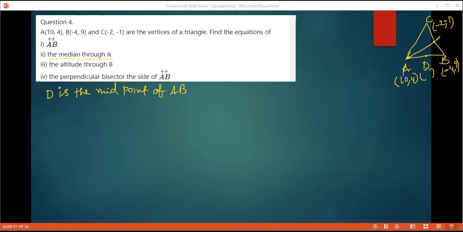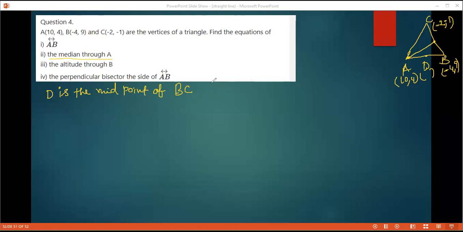Through A. So we have to consider these 2 points, that is, BC is our line, right? So B and C are the 2 points. D is the midpoint of BC here, because they asked it is passing through A. That's why we changed it. D is the midpoint of BC.